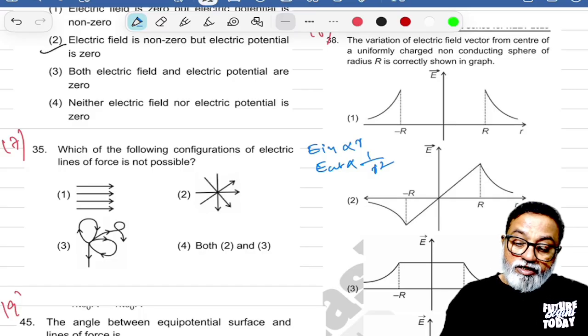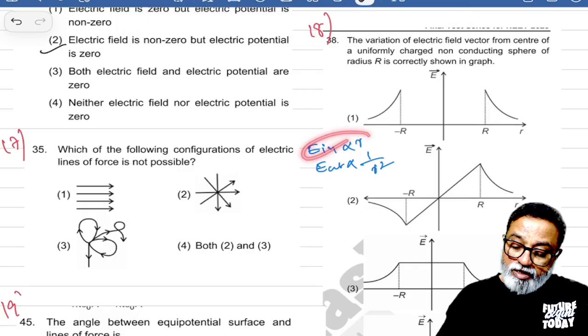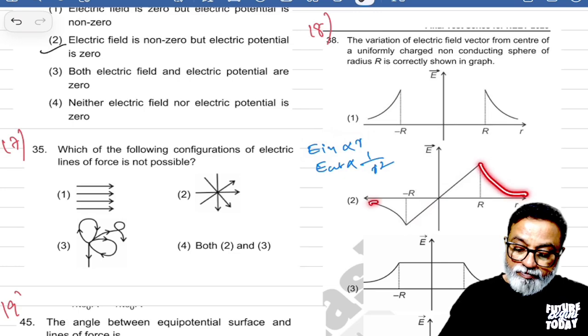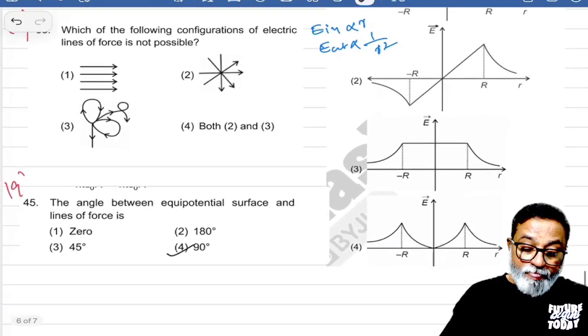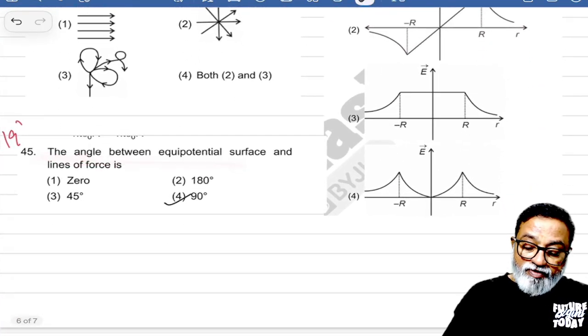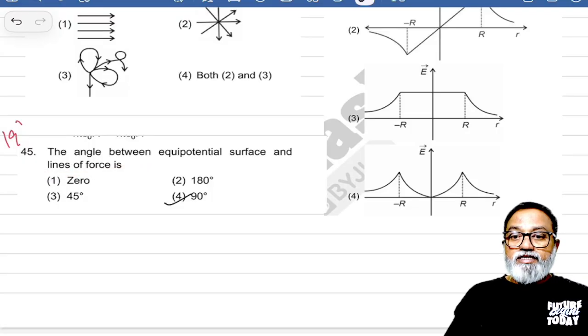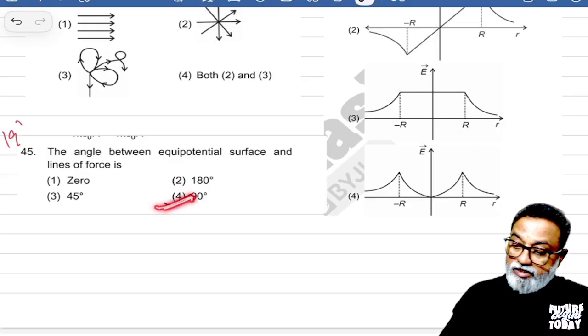Therefore intensity inside is proportional to r, so the graph is like this, and outside it is inversely proportional. Therefore option 2 is correct. Next, the angle between equipotential surface and electric lines of force. Electric lines of force and equipotential surface are always perpendicular. Therefore angle is 90 degrees.